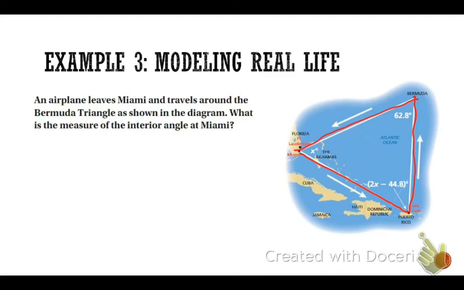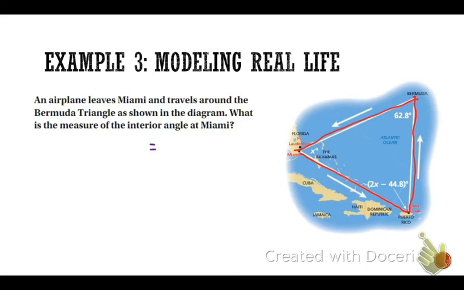We're going to focus. What is the measure of the interior angle at Miami? Well, I'm kind of glad they asked for Miami instead of San Juan. Look at San Juan: 2x minus 44.8. But I still need an equation. What's going to be my total?